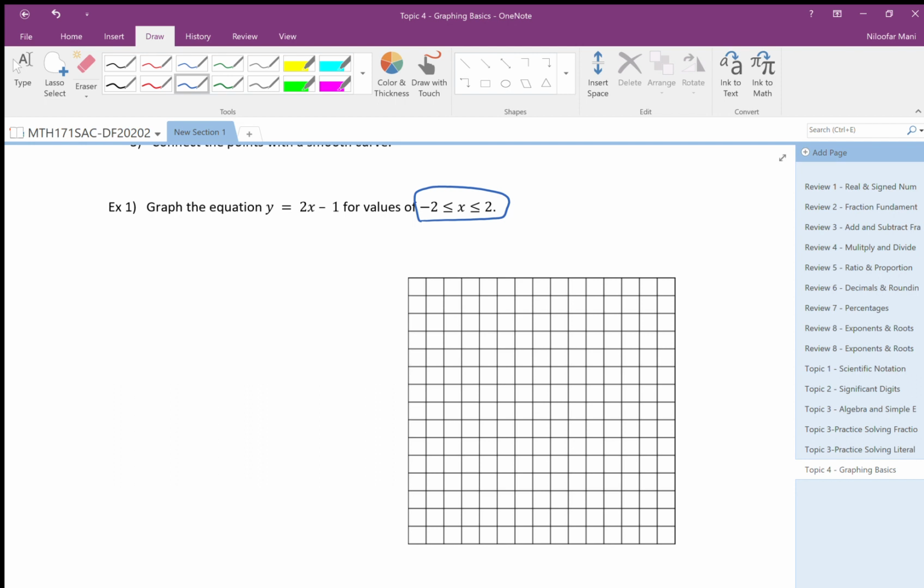These are important values that we use for x when we want to graph a line. How do I know I have a line? When I have just two variables and both of them have power 1, and I don't see any term with, for example, x multiplied by y, then it means I have a line.